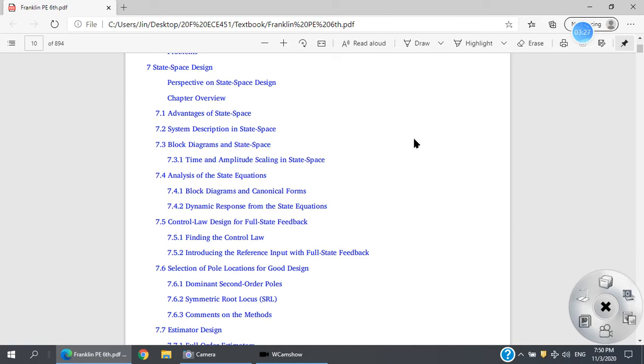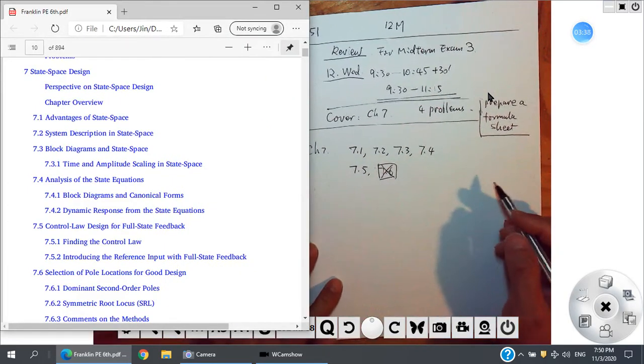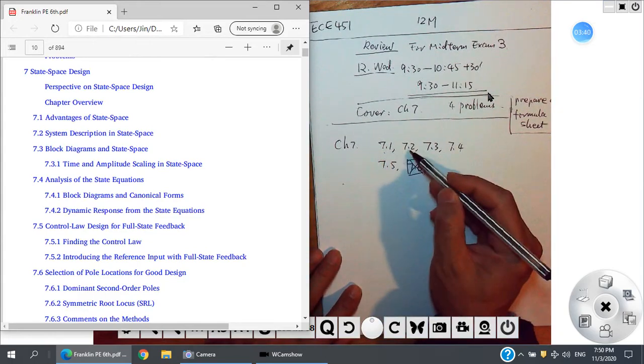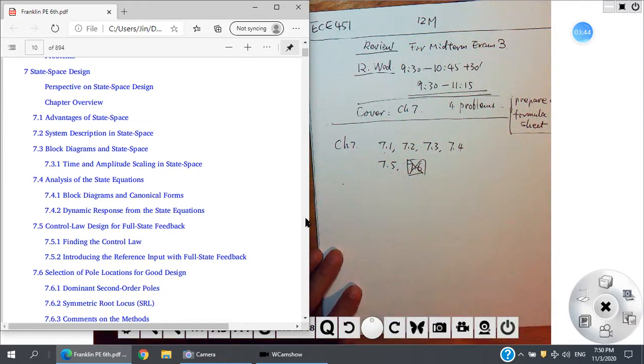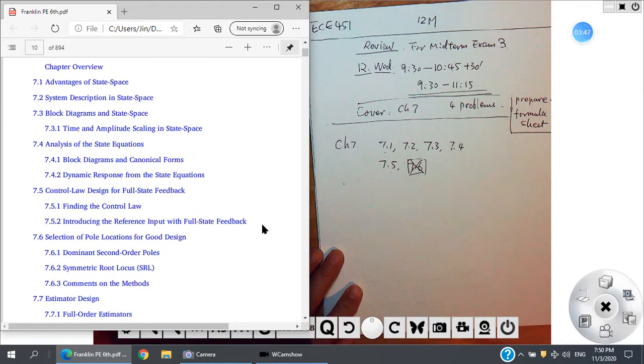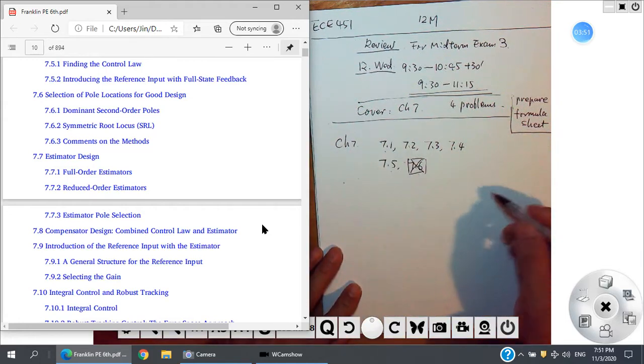No 7.6. Let me write it. We have 7.1, 2, 3, 4, 5, no 6. Then after 6, we should have estimator. Yeah, 7.7 estimator.